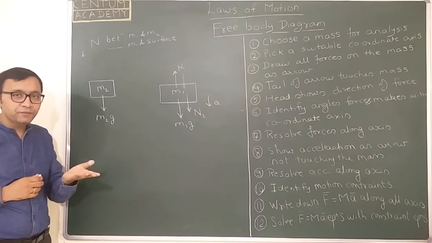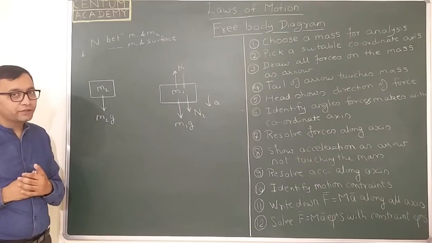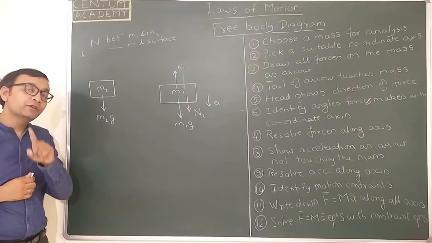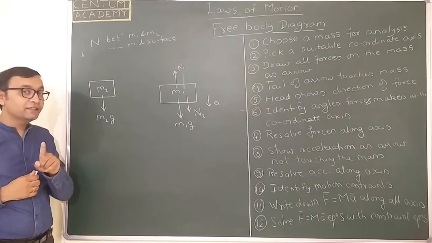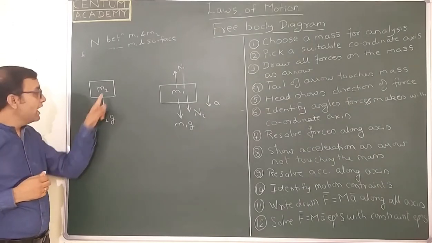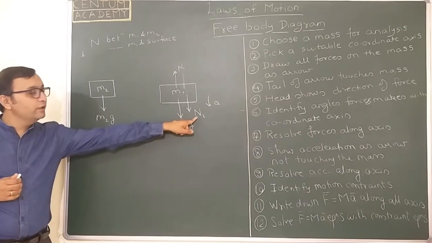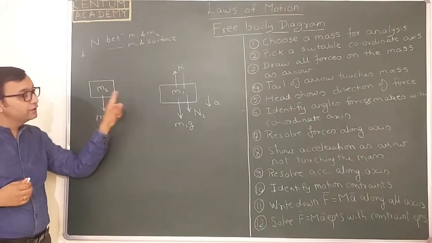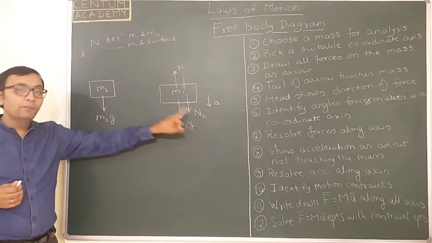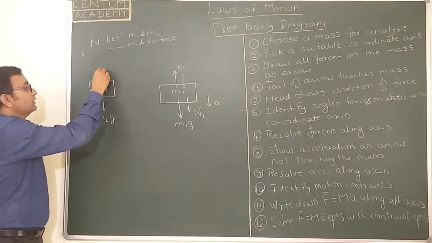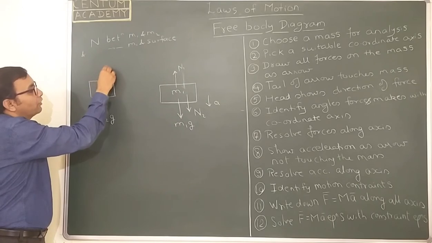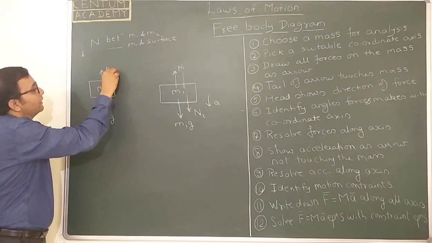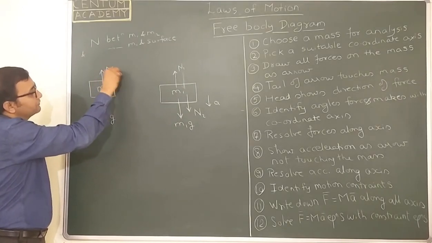So there will be a normal reaction. What will be the value of that normal reaction? According to Newton's third law, every action has an equal and opposite reaction. m2 pushes m1 with n2. So m1 will push m2 with the same force n2 but in the opposite direction.